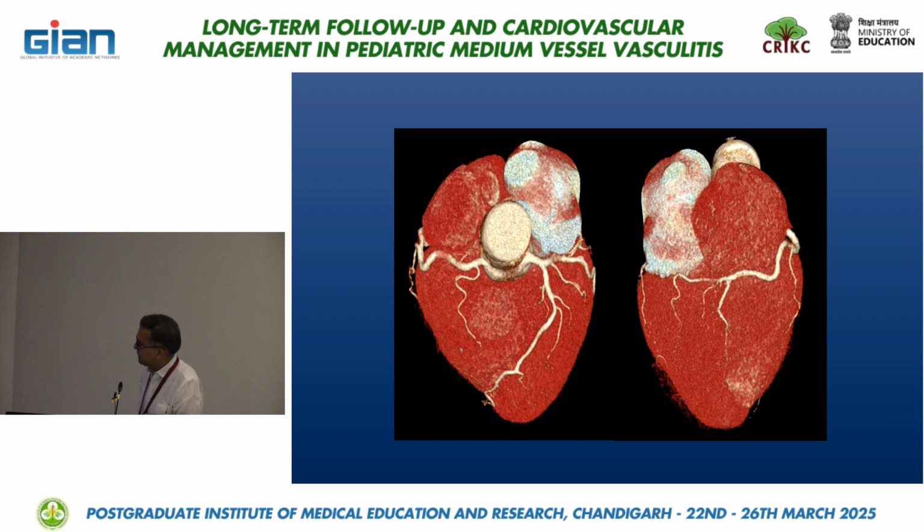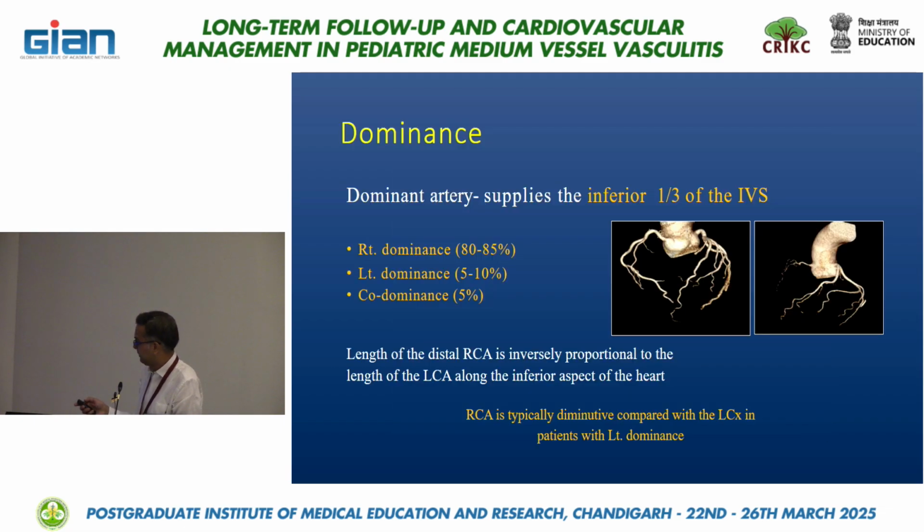So we have to see in the groove: on the right side it is the RCA, on the left side it is the left circumflex, and in the anterior ventricular sulcus it is the LAD. We have to identify it like that, looking at the atria, the ventricles and the corresponding grooves. The two arteries in the grooves are the RCA in the right groove and the LCX in the left groove, and the one in the center, not in a groove, is the LAD.